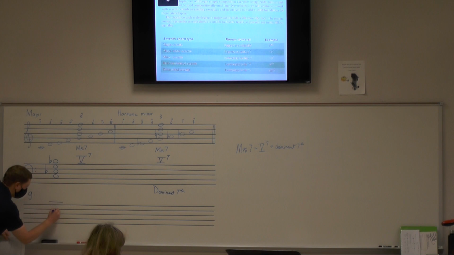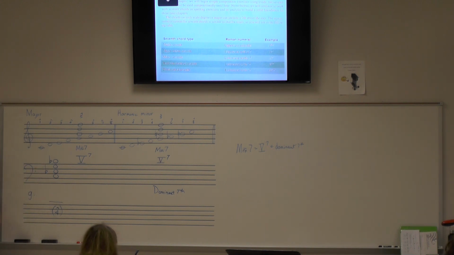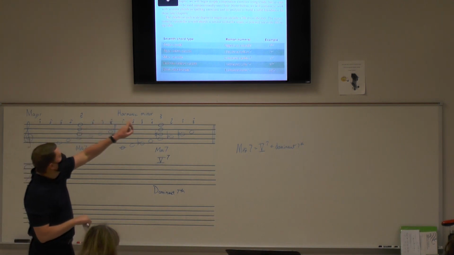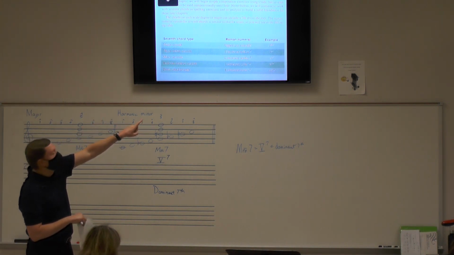In fact, I'm going to put this down here just to know that that's the root. I'm going to give myself a little hint. Now, do I write a capital or a lowercase Roman numeral 4? Well, we have to determine the type of seventh chord to figure that out. What type of seventh chord is this? It's minor minor. What's the Roman numeral symbol for a minor seventh?